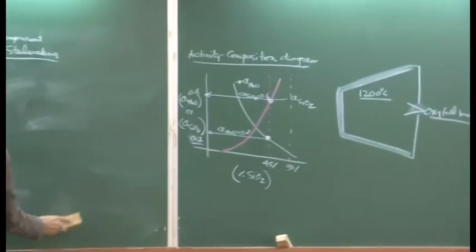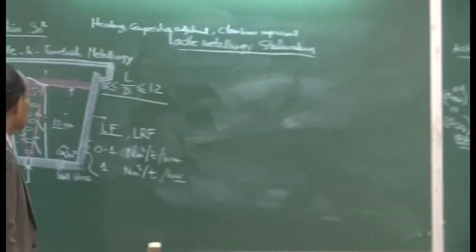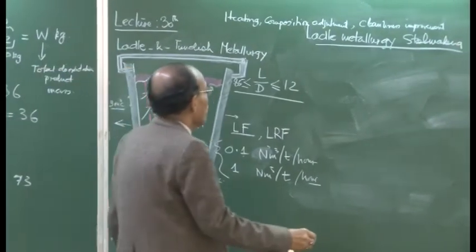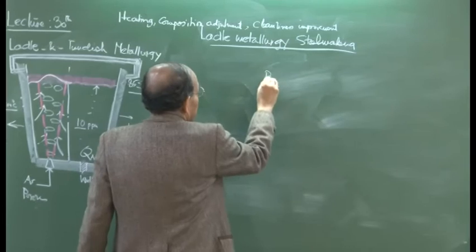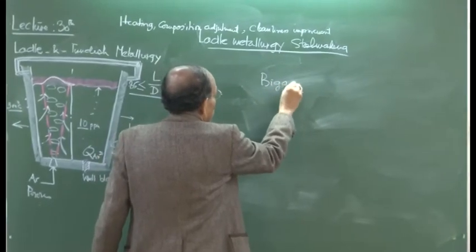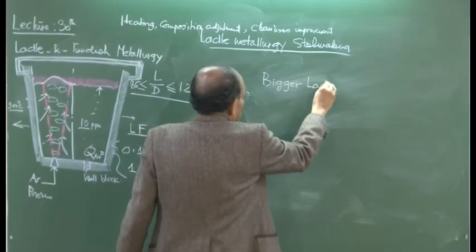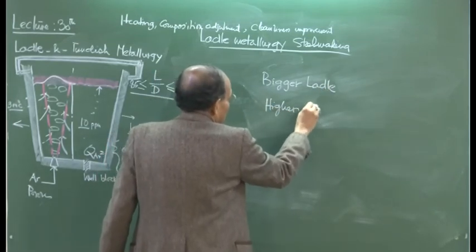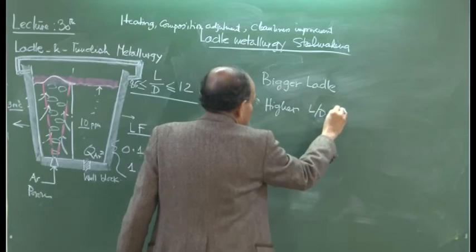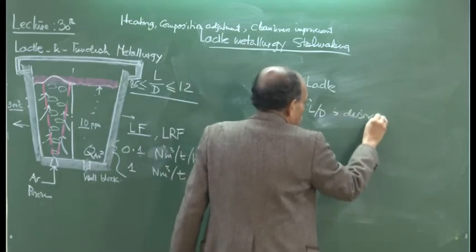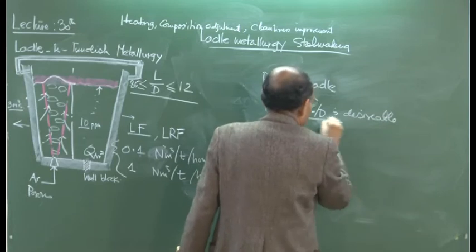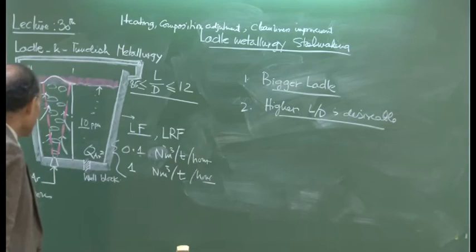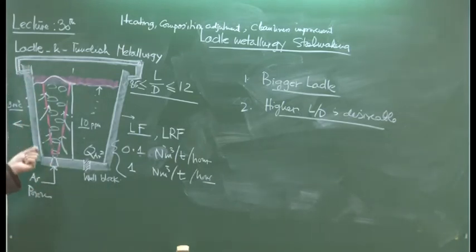The ladles, for example, if you consider the gas flow rate, then you will find out that a bigger ladle is more advantageous and a higher L by D is desirable for the efficiency of stirring for a given amount of gas.